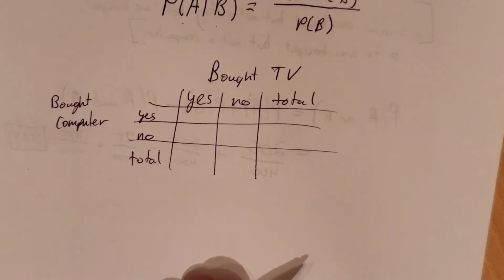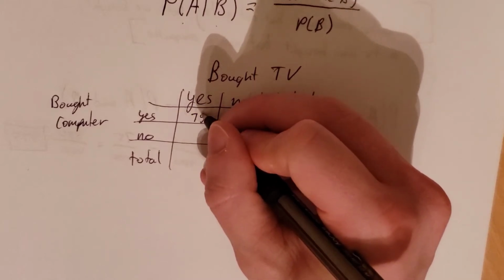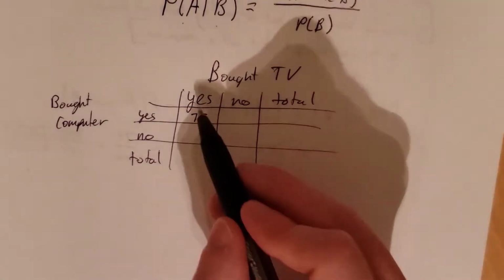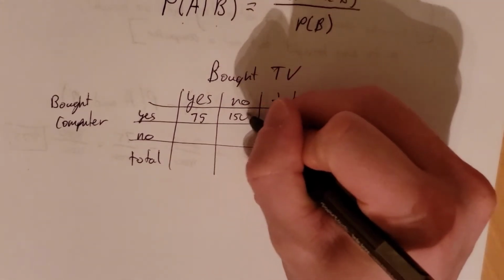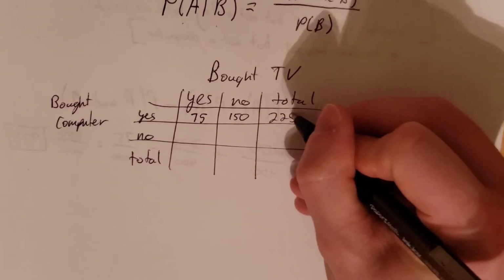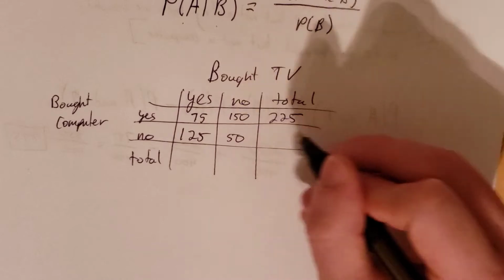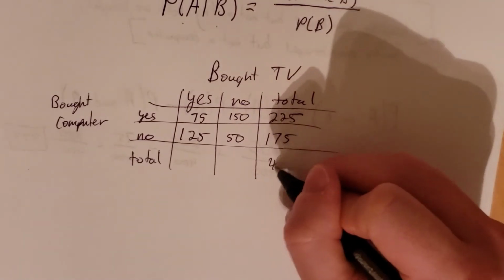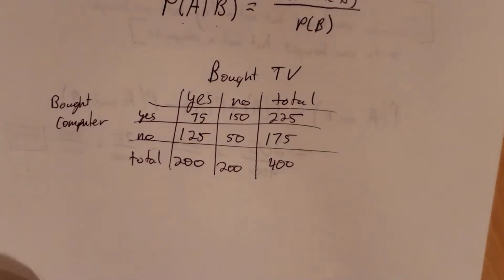And this data set said that we surveyed 400 people at a local store, and we had 75 of those 400 bought both a computer and a TV, 150 bought a computer but not a TV, and so on down this list. All right, so that was our filled in data set. And suppose this is our information or our data set that we have, and we want to ask the question.